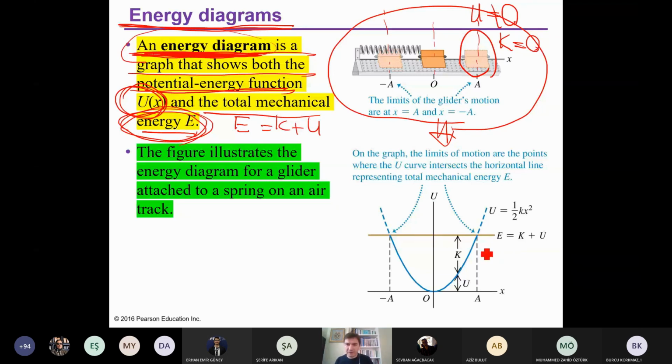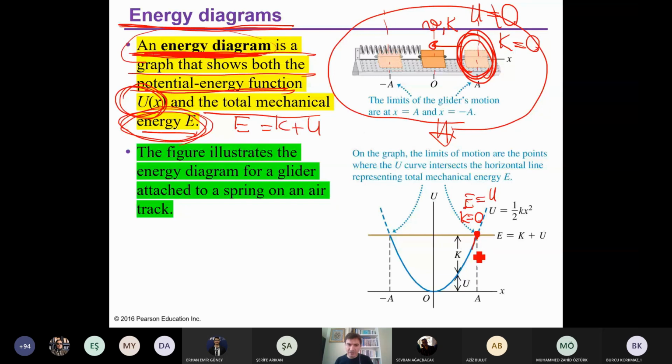So here, the total mechanical energy is completely given by potential energy, and kinetic energy is 0 because it is at rest. And whenever this glider is released, it will move to the left side with some certain velocity and kinetic energy. Okay, and what will happen? Potential energy will decrease.